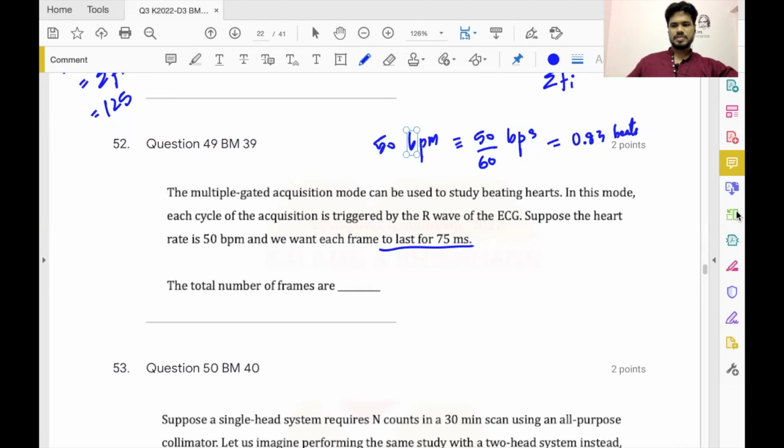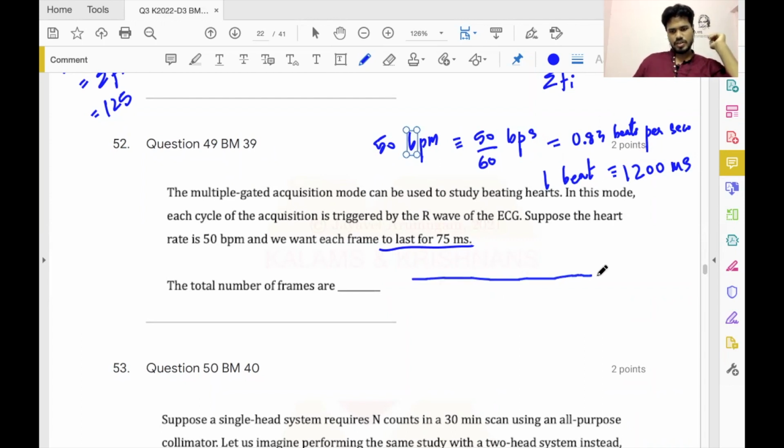So what is the length of one beat? One beat corresponds to 1 over that, 1 divided by 0.83, which is 1200 milliseconds.